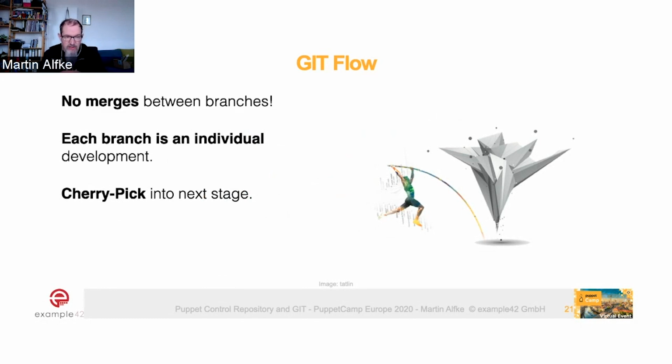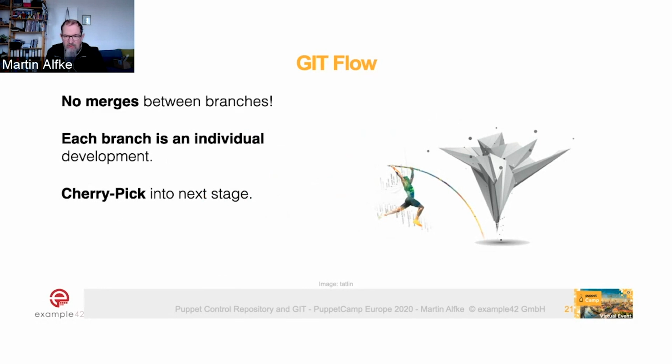See, each of these branches is an individual development, an individual history. So there's no aligned history. And if you want to do changes from development into testing, you cannot merge them, but you have to cherry pick your changes into the next stage.